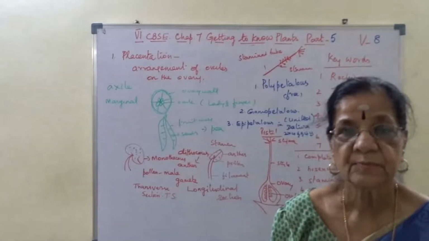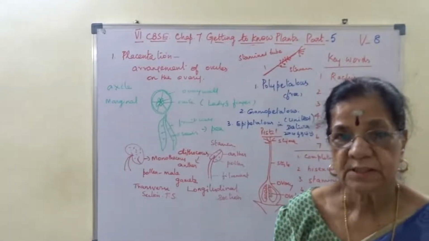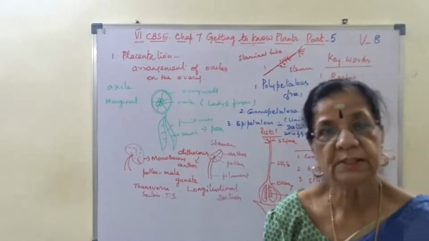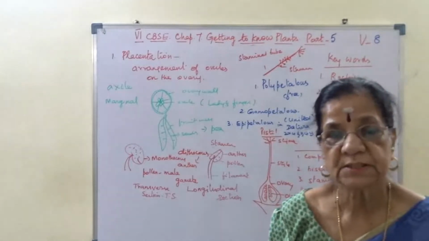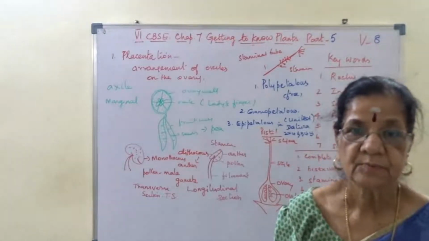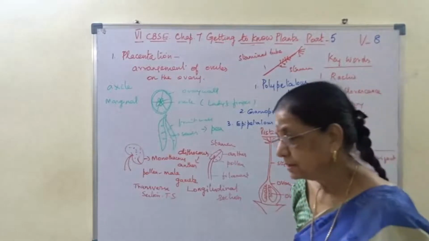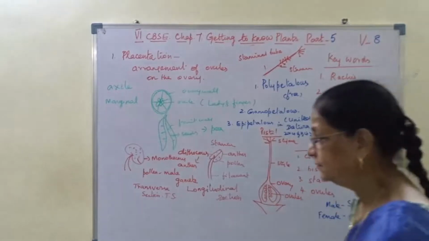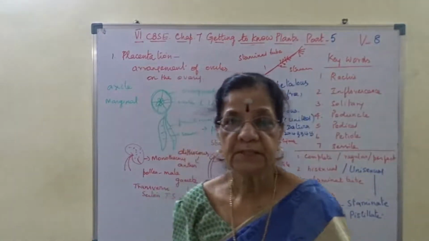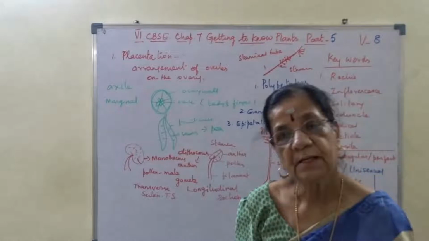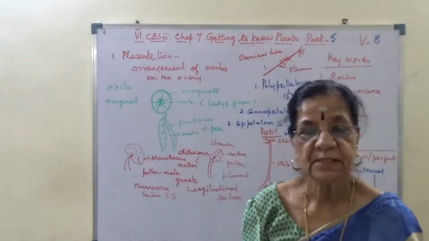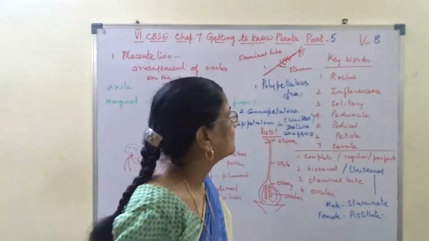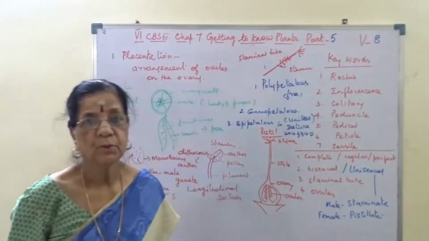Reproduction is the continuation of the species from one generation to the other, or perpetuation of the species. The two important events that take part in reproduction are pollination and fertilization. That we will continue in the next video briefly. Even if it is not in the textbook, you should know about it.